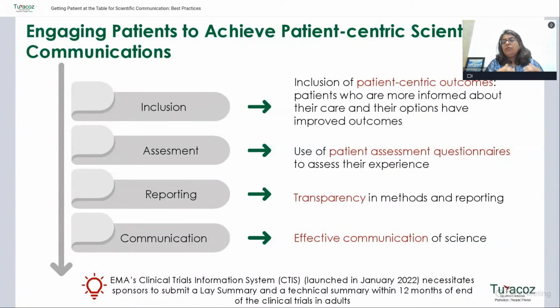Once the clinical trials are over, the results have to be in the public domain as a lay language summary within 12 months of completion. So there are certain guidelines, and we have to follow them. I think it's just a matter of time before all this becomes a regular part of what we are doing.